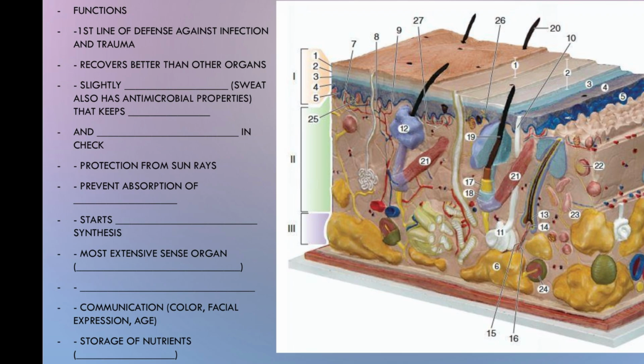For example, someone who is blue or cyanotic may have problems with oxygenation or circulation. Yellowing of the skin or jaundice can be associated with problems involving bilirubin metabolism and liver functioning. Your skin also provides storage of nutrients, particularly fat in the hypodermis. So if you're following your notes, your functions include protection, thermoregulation, communication, and nutrient storage.